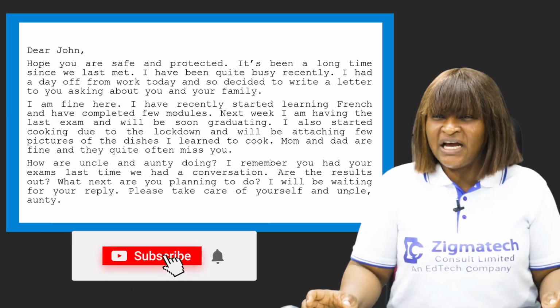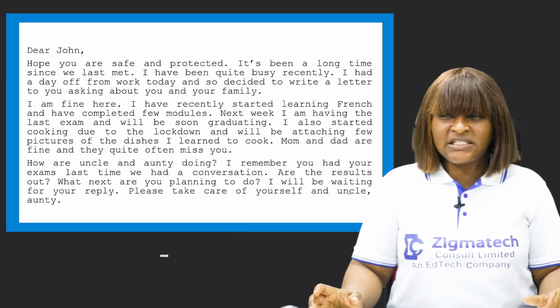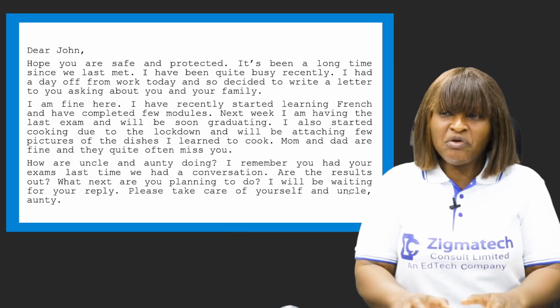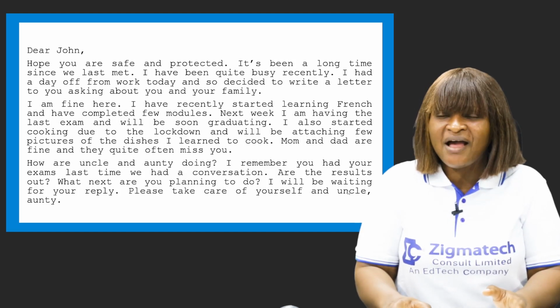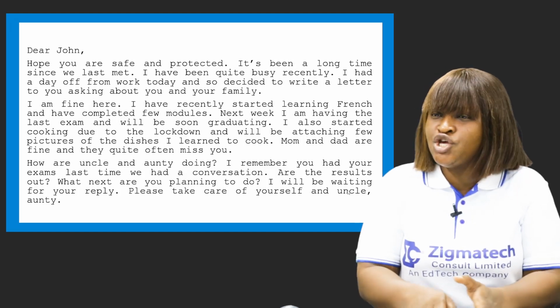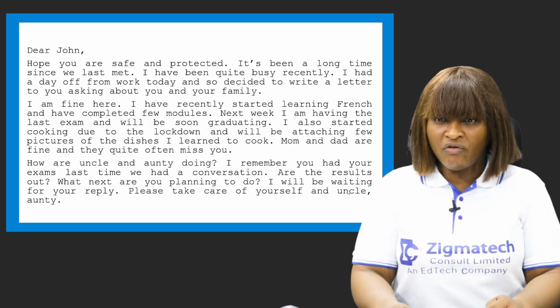Mom and dad are fine and they quite often miss you. So you see that in this second paragraph, the writer has achieved a particular aim, which is to notify his or her receiver about the things that he or she has done within the period of lockdown.